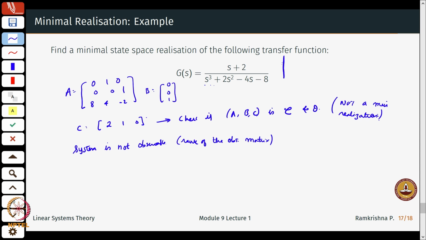Okay. Now, check this transfer function. We can also write this in the following way: S plus 2 over S square minus 4 S plus 2 is 1 over S square minus 4. Okay.